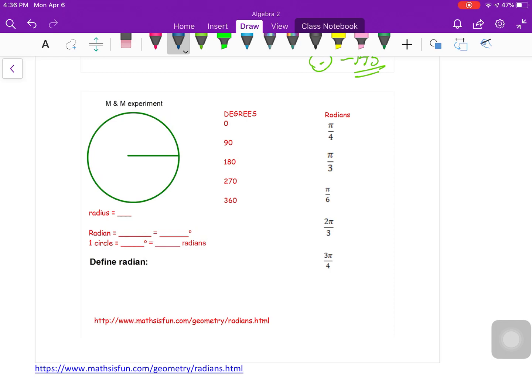So a radian is the area inside from wrapping a radius on the outside of the circle.